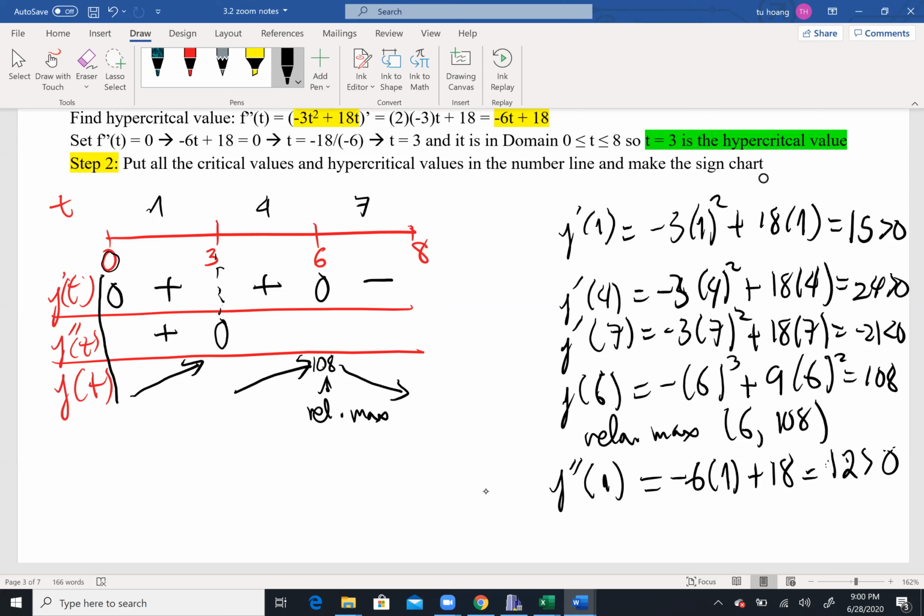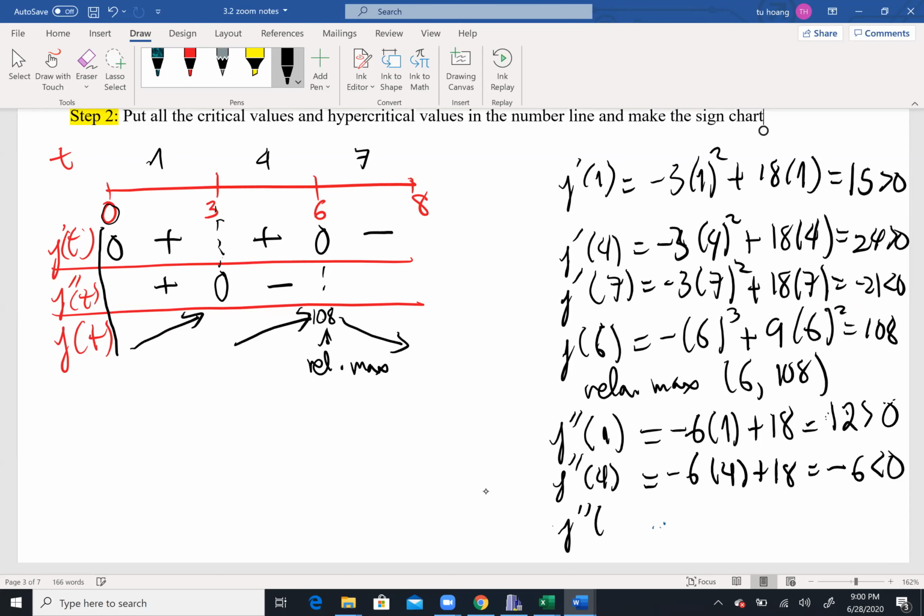So I put positive here. Okay, for the interval from 3 to 6, I choose 4. So the second derivative of 4 will be equal to negative 6 times 4 plus 18. That's negative 24 plus 18, which is negative 6, less than 0. So you have negative here. And the last interval, you may check 7, right?